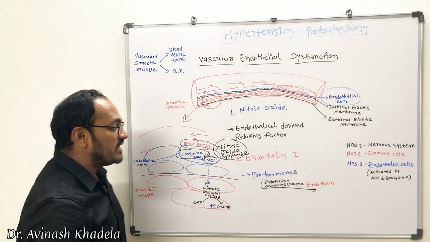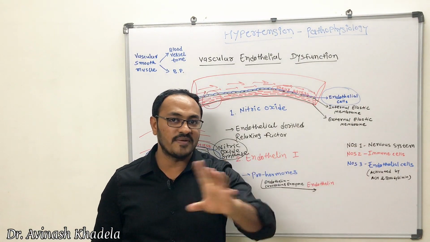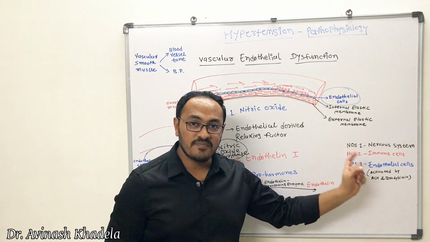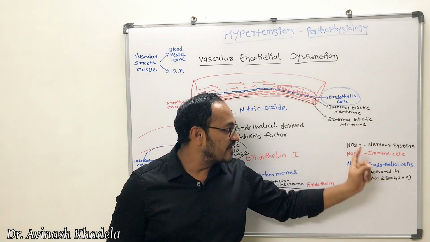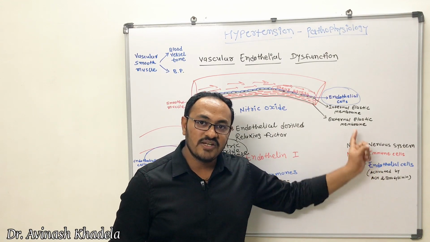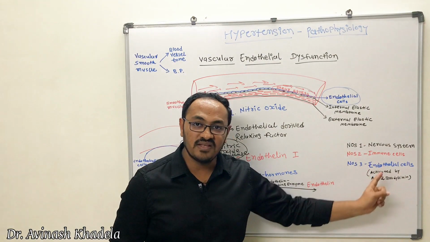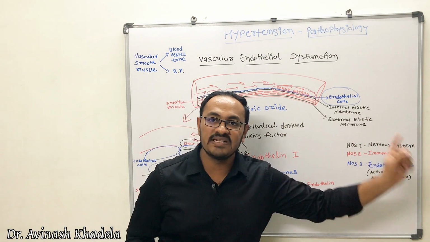Now let me explain, nitric oxide synthase has three different subtypes. The first subtype, nitric oxide synthase 1, is present in the nervous system. Second, nitric oxide synthase 2 is present in the immune cells. And third, nitric oxide synthase 3 is present in the endothelial cell.